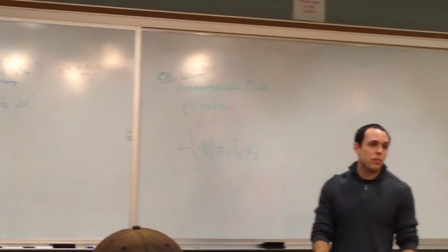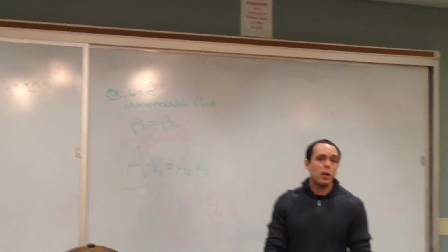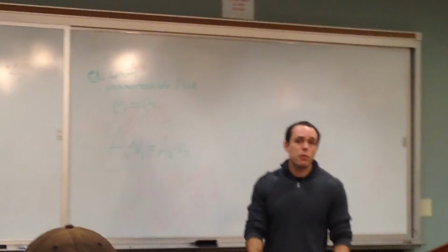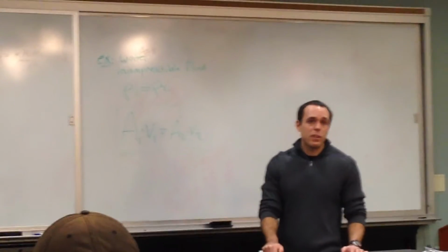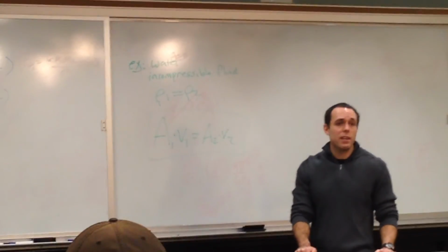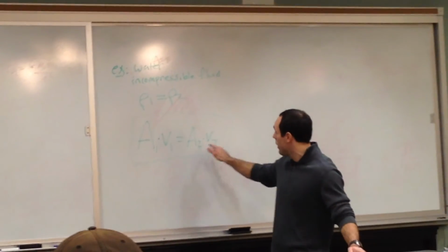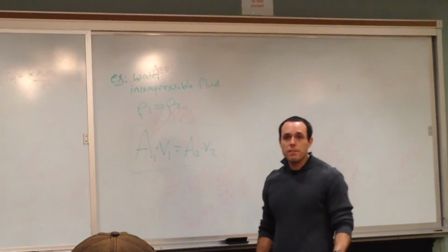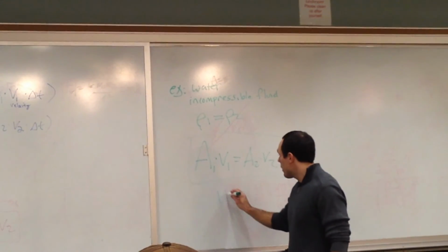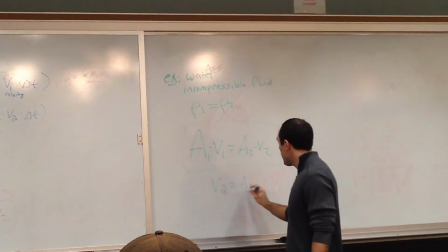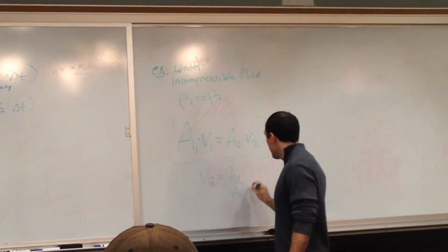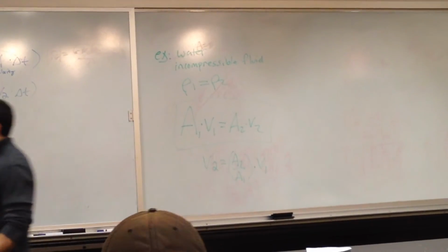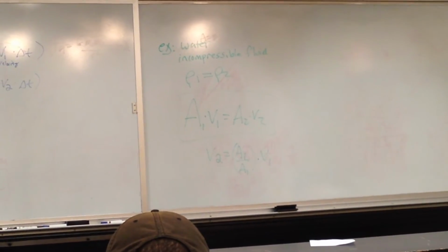Cross-sectional surface area in region 1, multiplied by the velocity of this incompressible fluid in region 1, is equal to the cross-sectional area of the tube in region 2 multiplied by the velocity of this incompressible fluid in region 2. And thus, looking at this, what we would say is V2 is equal to A2 divided by A1 multiplied by V1. Now for this example, A2 is clearly bigger than A1.